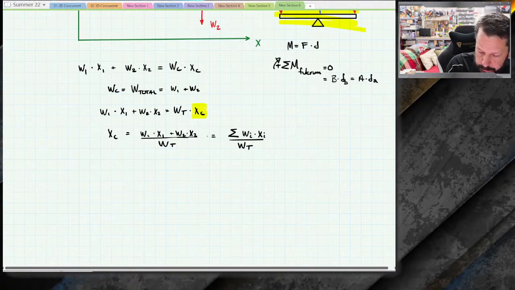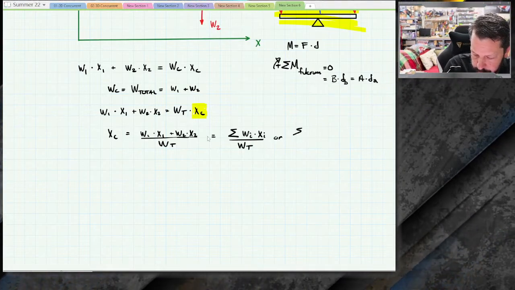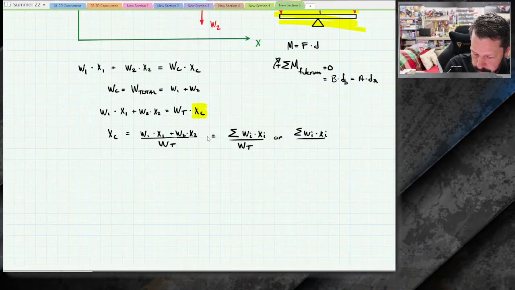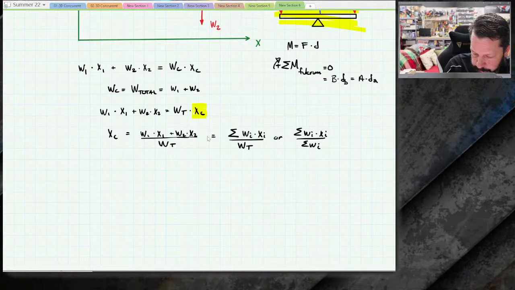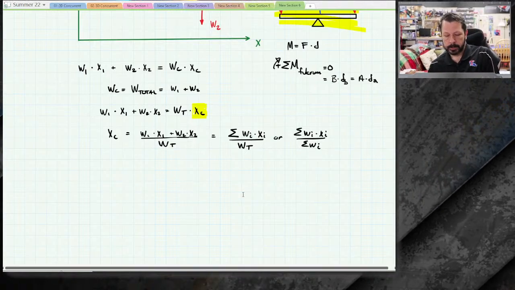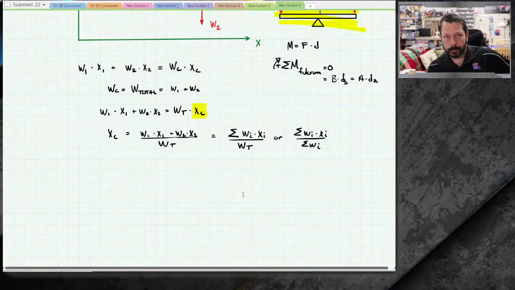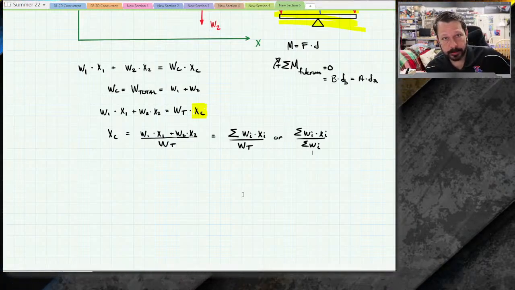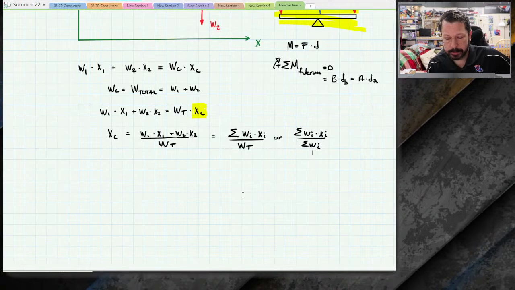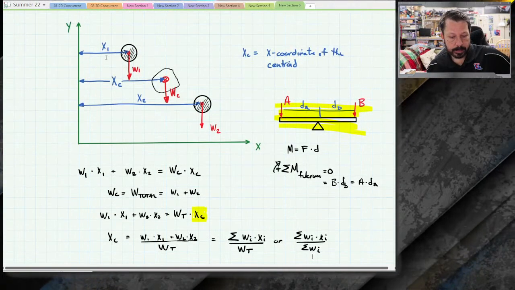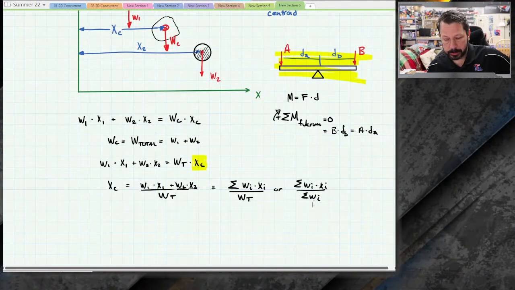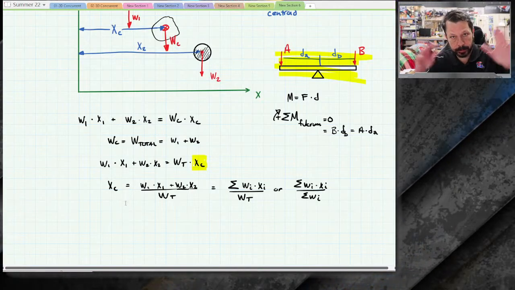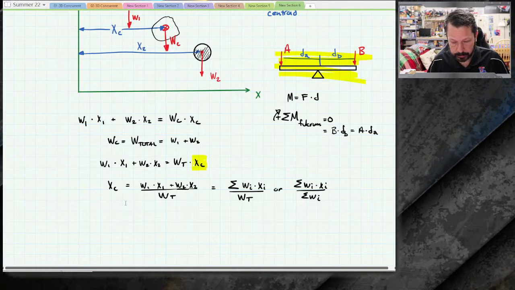So we could write it that way. Like that, right? So now I've got a digital way to do this. I can literally go and add up every little sphere, multiply it times its x coordinate, divide by the total weight, and I would have the location of the group's centroid.